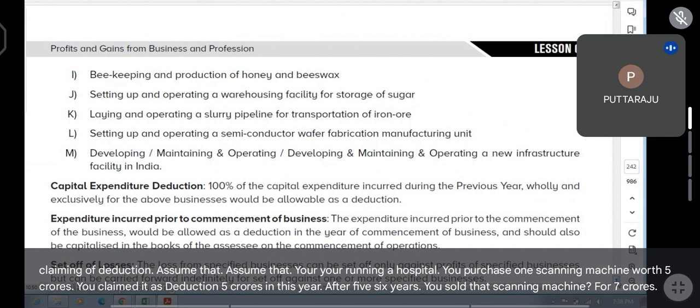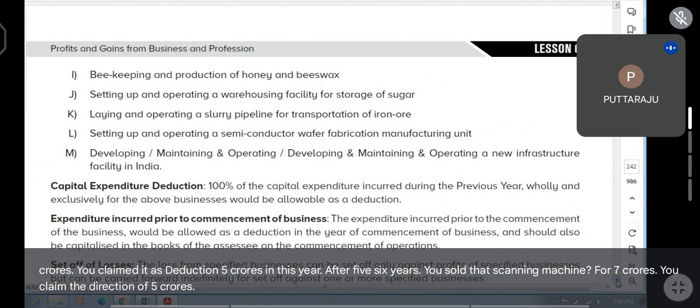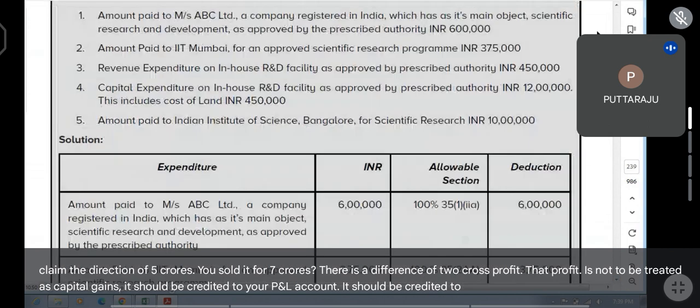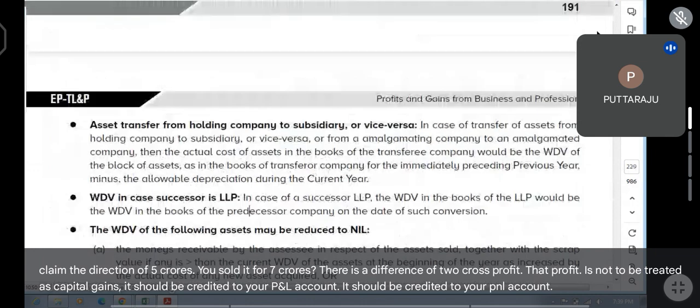You claimed the deduction of 5 crores and sold it for 7 crores. There is a difference of 2 crores profit. That profit is not to be treated as capital gains. It should be credited to your P&L account.